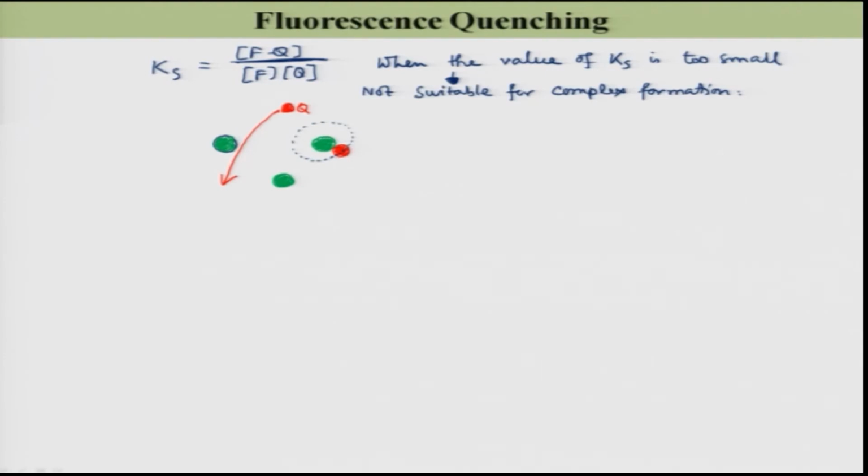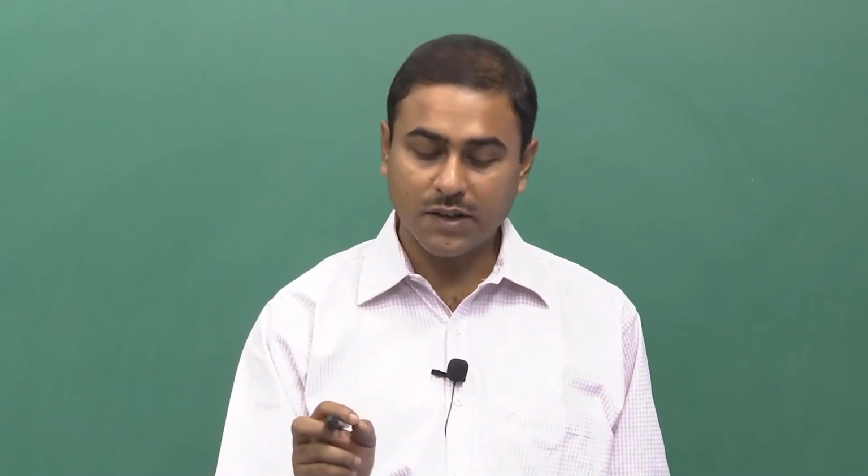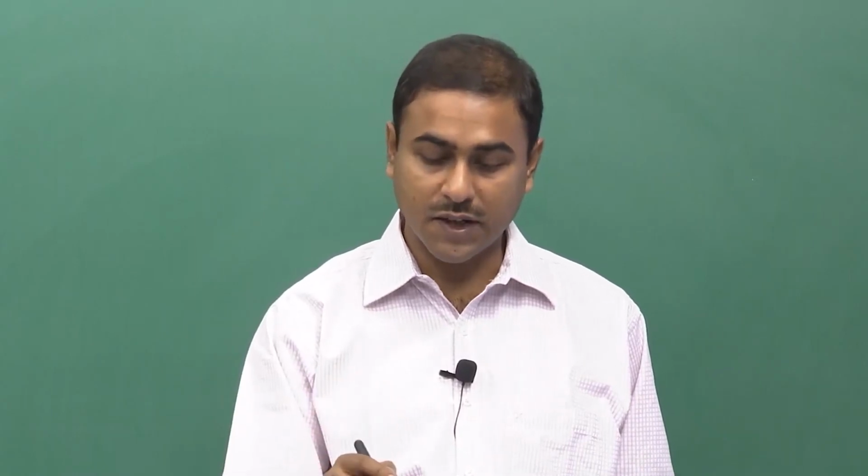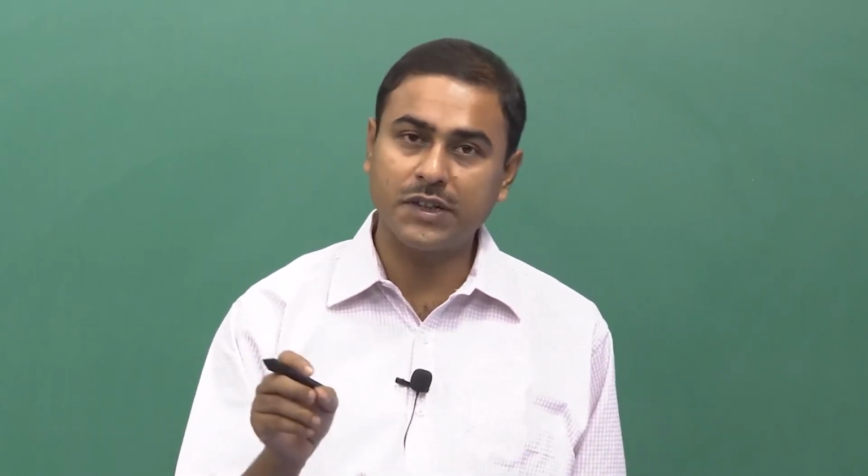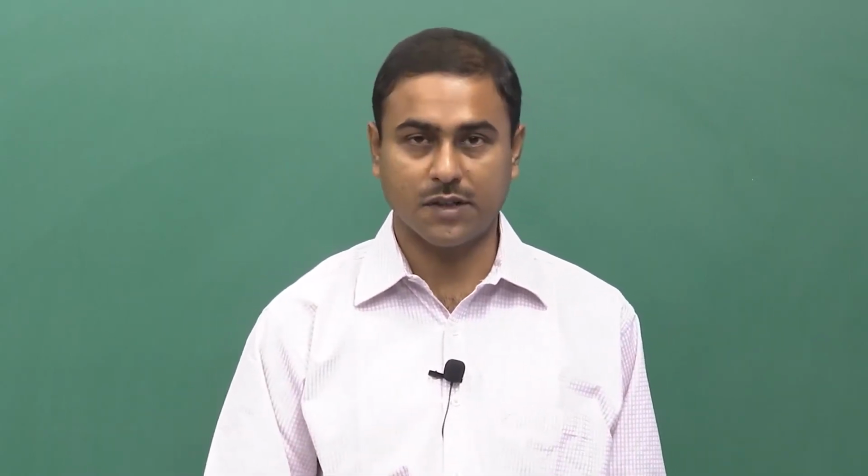So, this is the volume made up with the radius of the fluorophore plus the radius of the quencher, with that I make a volume, and I consider that if the quencher is present within this volume, the probability of quenching is unity. That means, whatever the fluorescence is there by this fluorophore, that will be completely quenched by this quencher molecule.